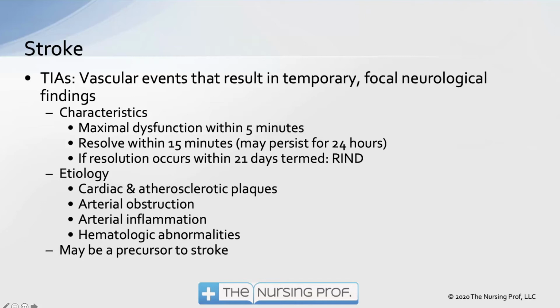This part is injured over here, and so we moved over to this other part of the brain, and now we have that part of the brain taking on that function. Look for a history of cardiac or other atherosclerotic plaques in your patient, arterial obstruction, inflammation, hematologic abnormalities. Those all may be precursors.